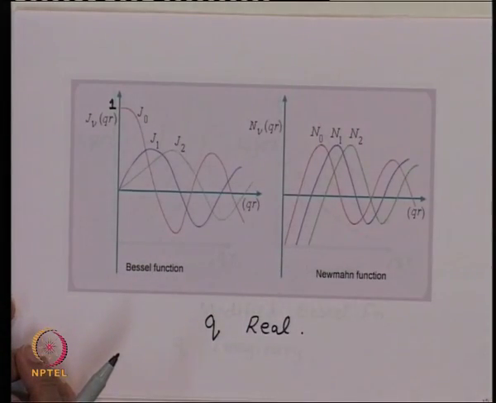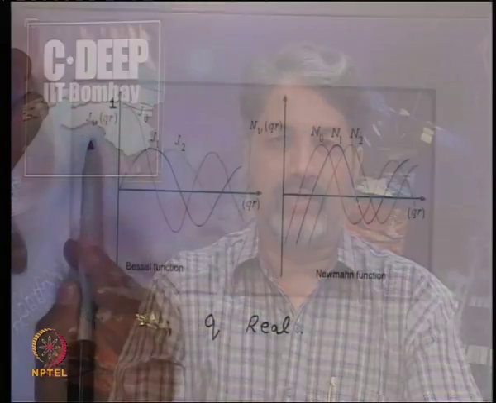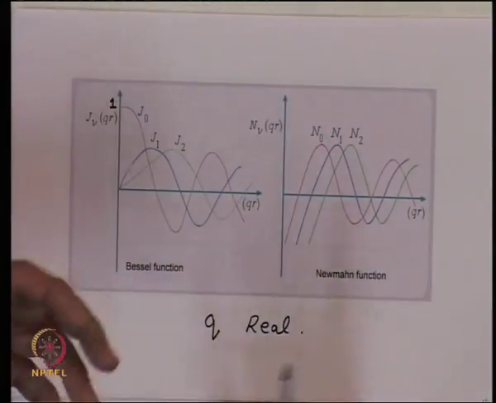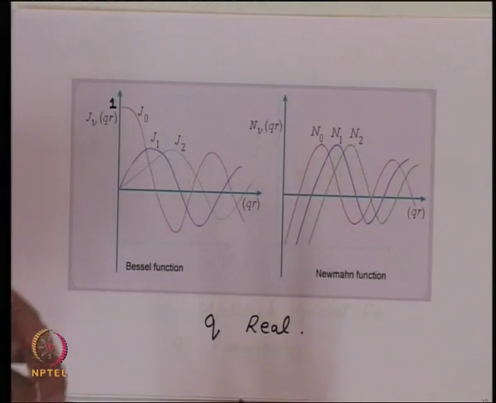So what that means is that the arbitrary constant corresponding to this solution has to be identically 0. So, the only field which can be there inside the core of the optical fiber with a finite value can correspond to the J Bessel function. So, any field which is having a variation J nu q r can represent the field distribution inside the core of the optical fiber, and q has to be real.